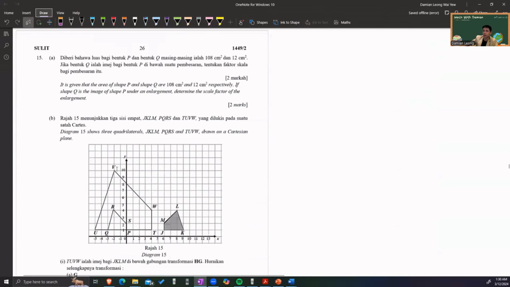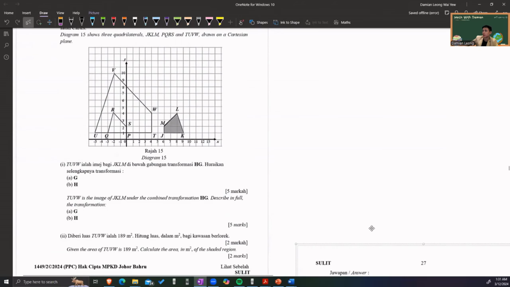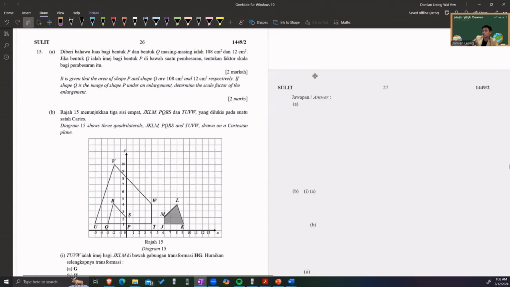Okay, then question 15. It's given that the areas of shape P and shape Q are 108 cm square and 12 cm square respectively. I want to find the scale factor. Q is the image of shape P. So I can use the area of image versus area of object formula.